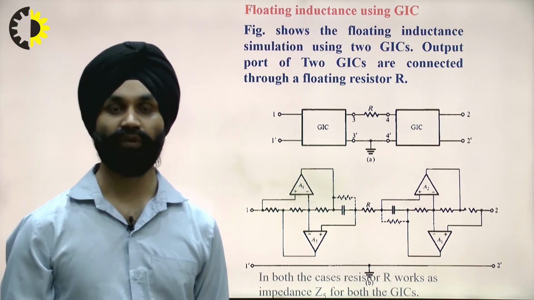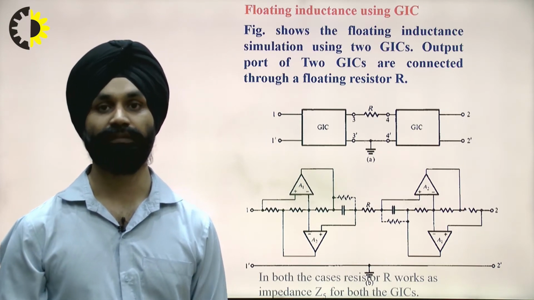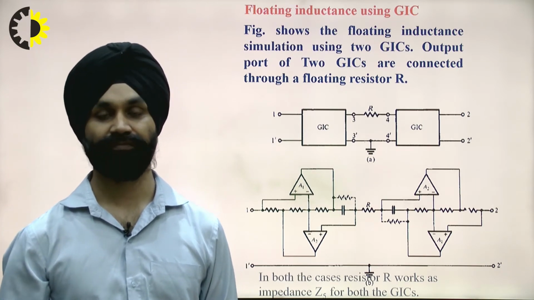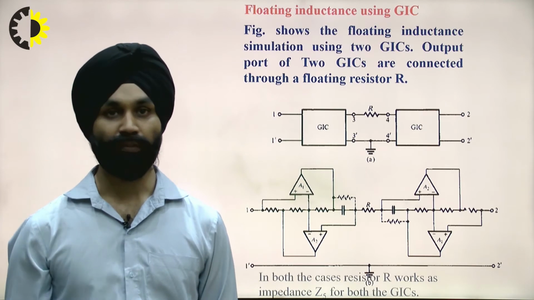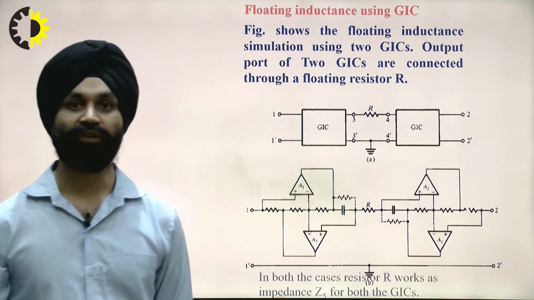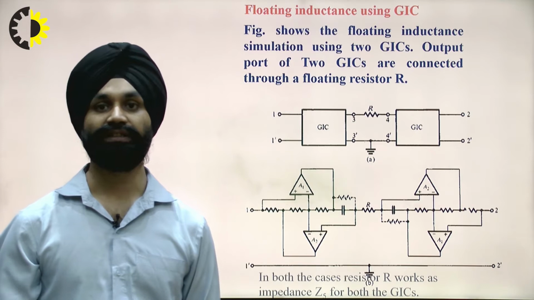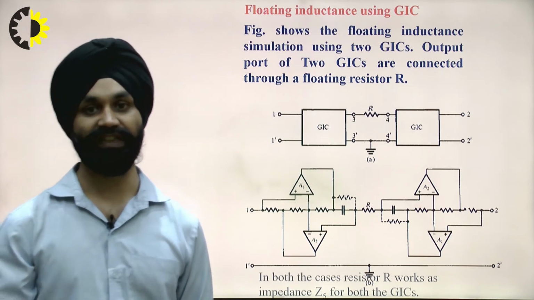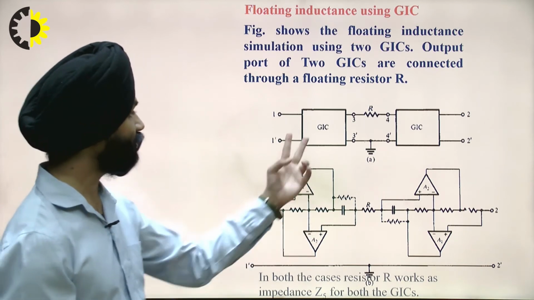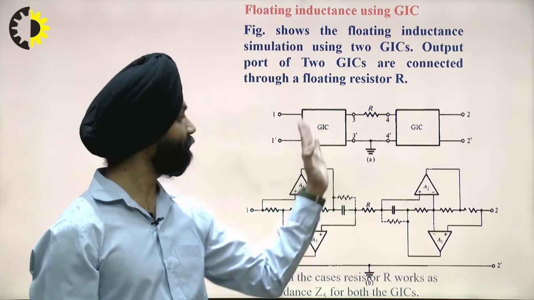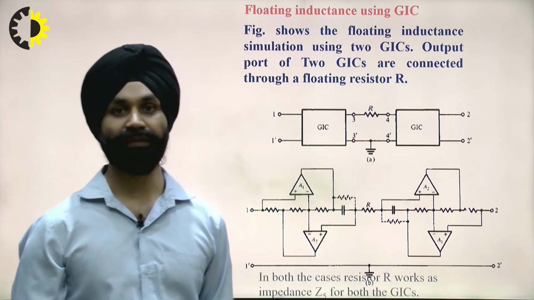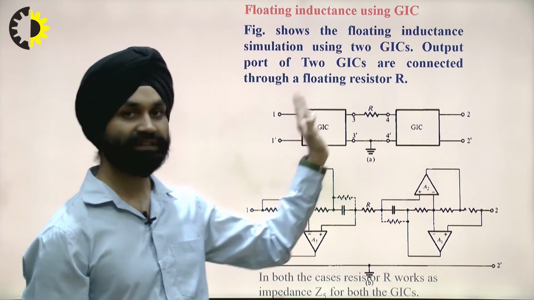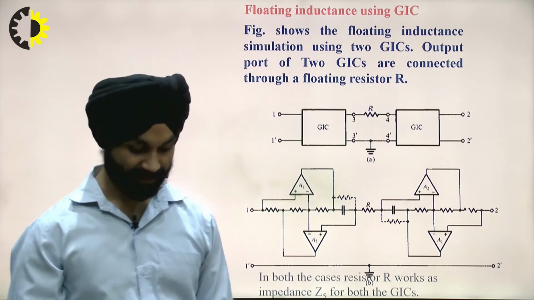We know that the floating inductor simulation can be done using two GICs as gyrators, as in the case of the gyrator. The output ports of the two gyrators are connected to a floating resistance R. This R is the same as the R5 in the GIC. So we can connect two GICs which are mirror images of each other. In the first, we give the input at terminal 1 dash and the other terminal is grounded, as in the previous case.